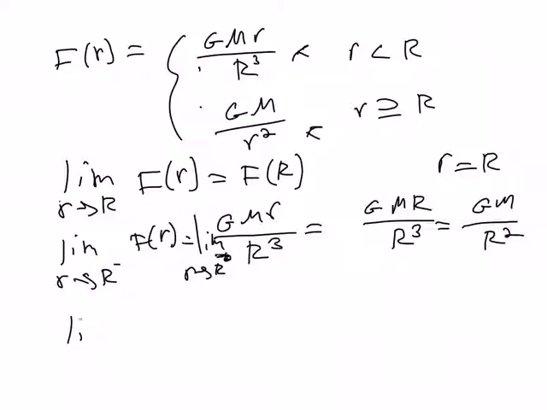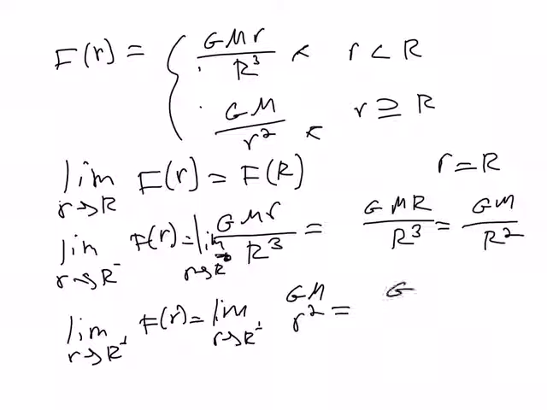Going from the right, f of r is equal to the limit as r goes to R from the right of G m over r squared, which is the same as G m over R squared.